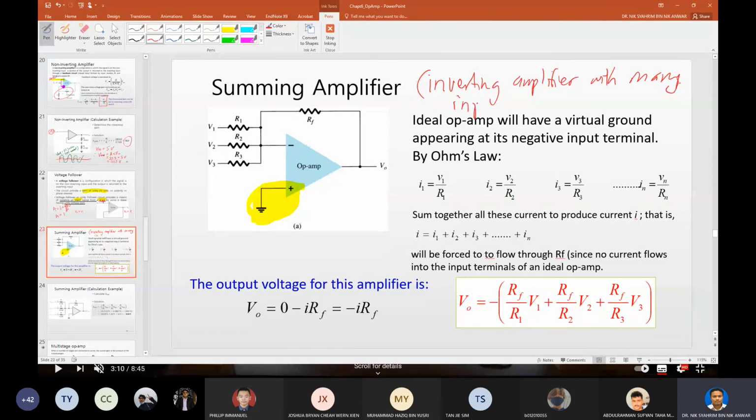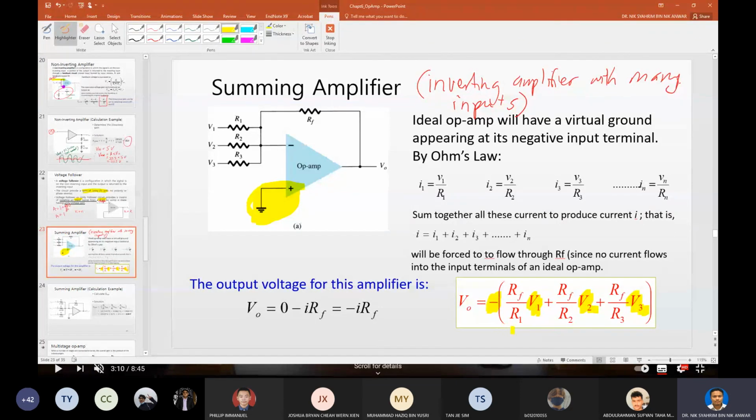It's just a specific type of inverting amplifier. How you know this is an inverting amplifier is because you have a negative sign here. Except now it receives, in this case here, 3 inputs, which are V1, V2, and V3.